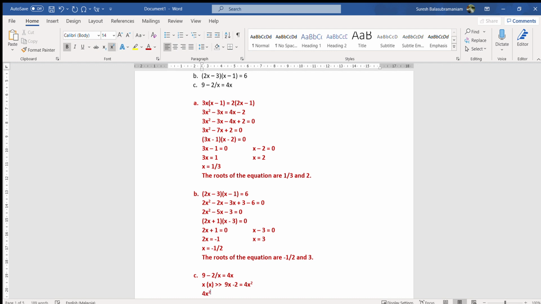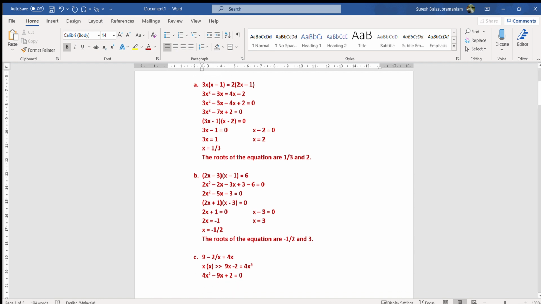4x² - 9x + 2 = 0. Factor that. Two brackets as usual, equals 0.